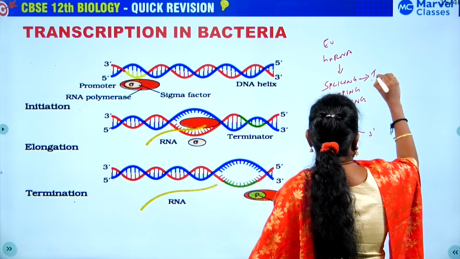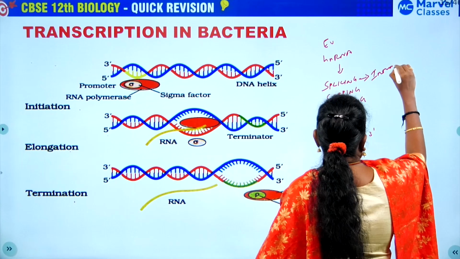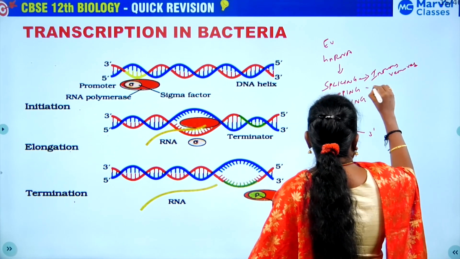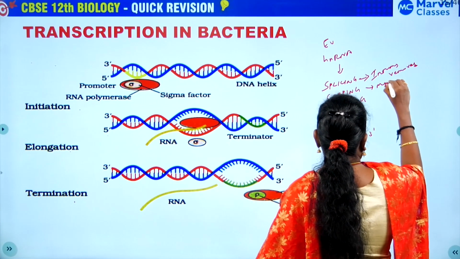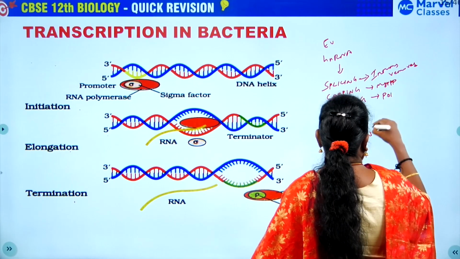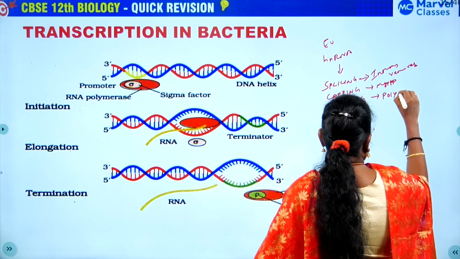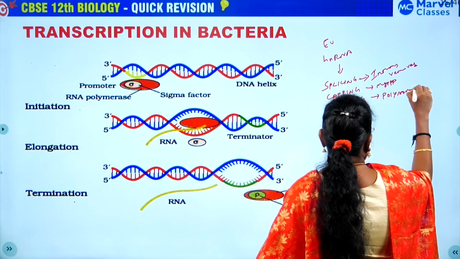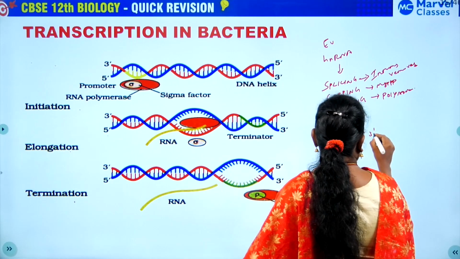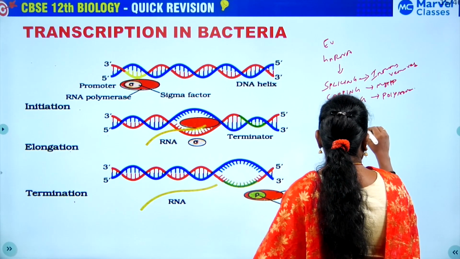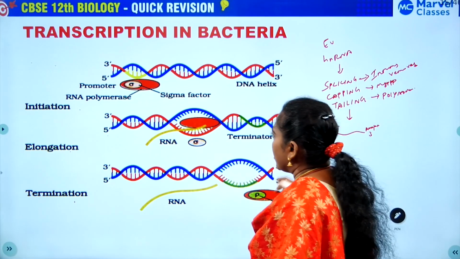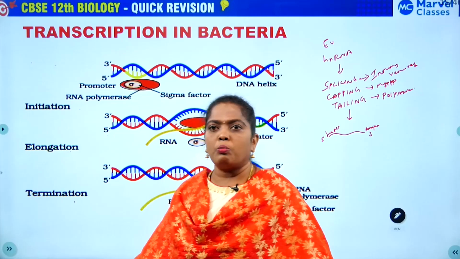Tailing is polyadenylation at the 3' position. So methyl guanosine triphosphate is added, then the introns are removed and polyadenylation residues will be added. So that is in eukaryotes and this is in prokaryotes.